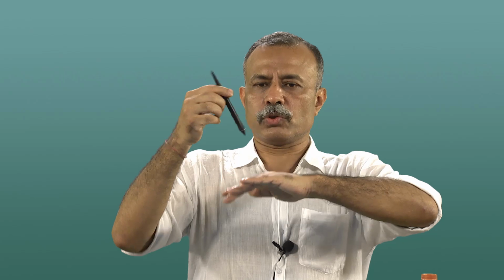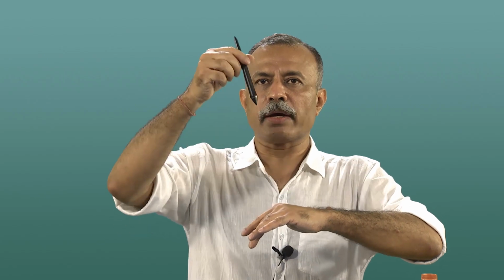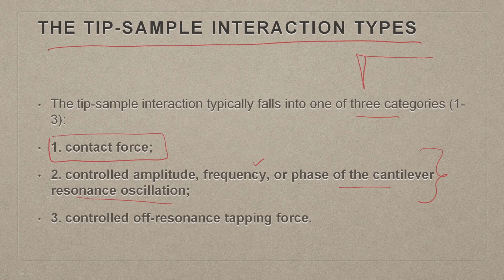The tip of the cantilever, if you just visualize it, starts to vibrate, so it generates a resonance frequency. If the cantilever is tapping the surface at a particular frequency, upon hitting, the frequency may change.